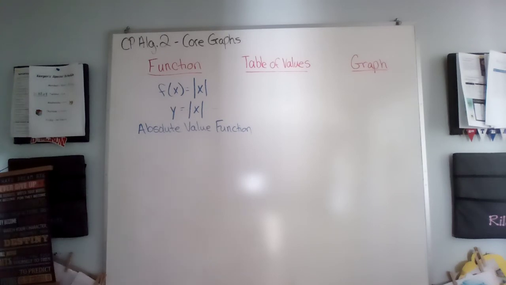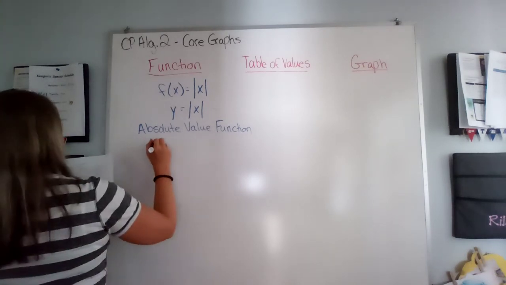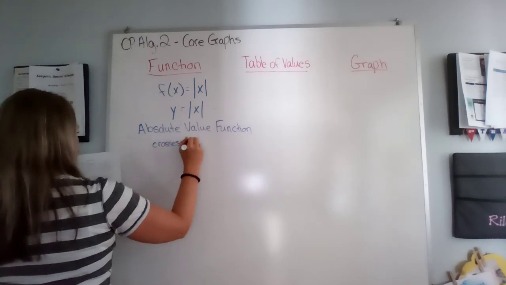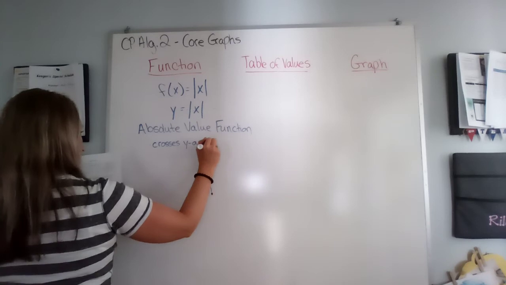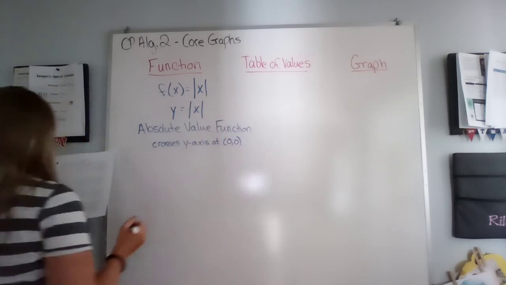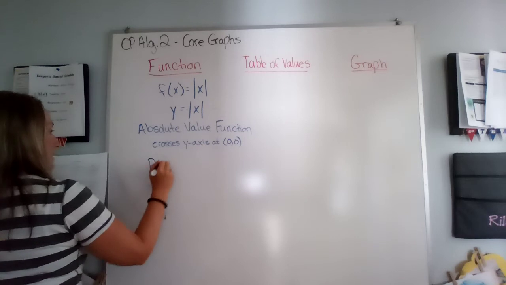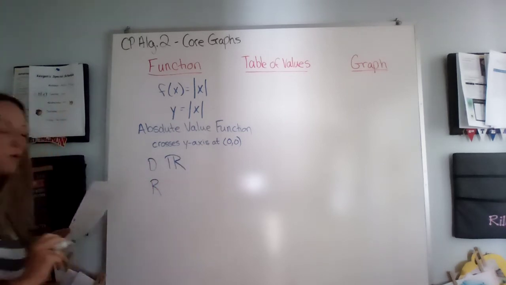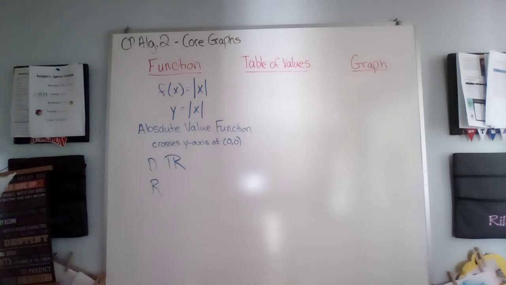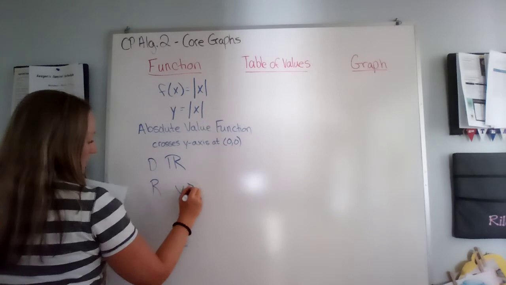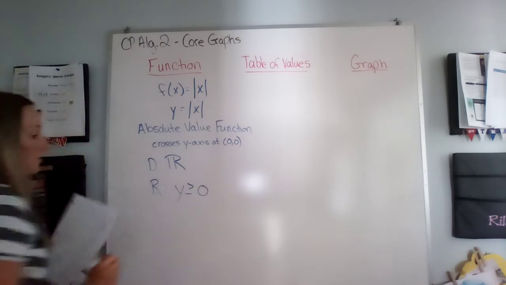For the absolute value function, it crosses the y-axis at 0, 0. It has a domain, x values, all real numbers. The range for the parent function, the core function, and you'll see this in a second when we graph, it's only the positive y values, so y is greater than or equal to 0.